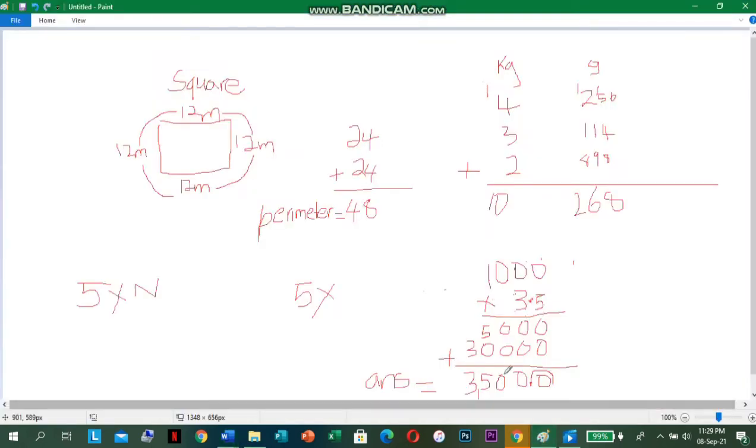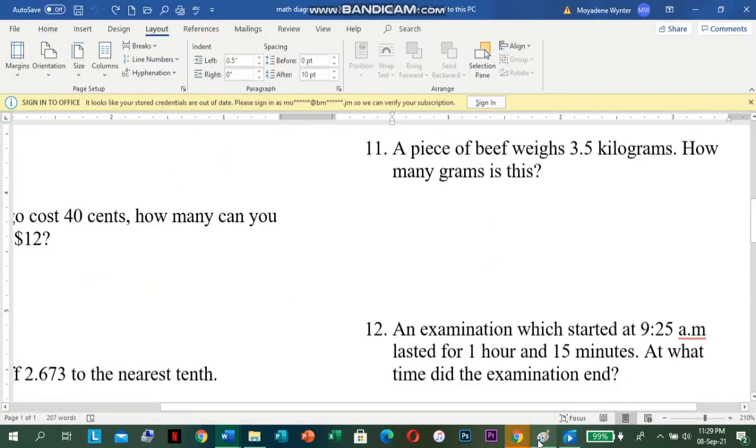So the answer is 3,500 grams. So 3,500 grams make 3.5 kilograms. Let's move on to the next question.